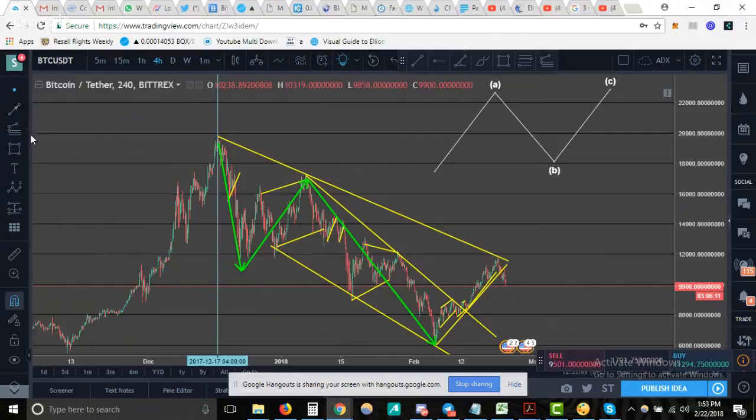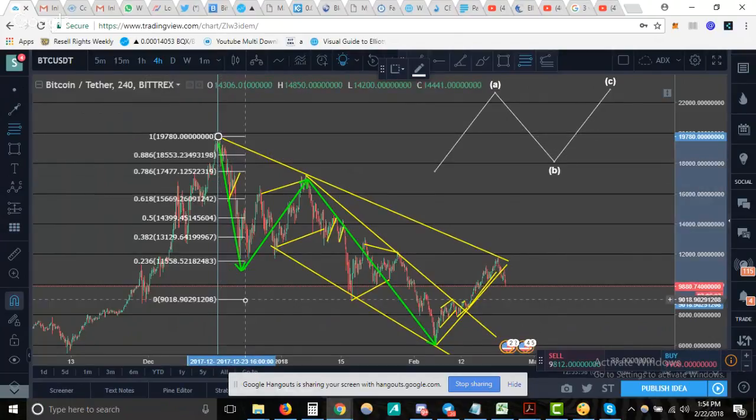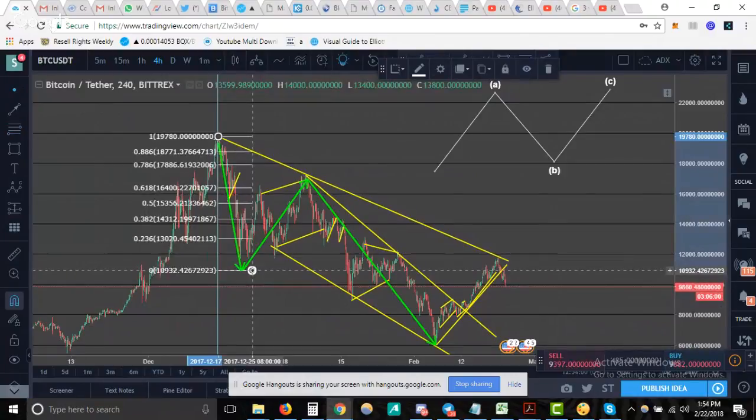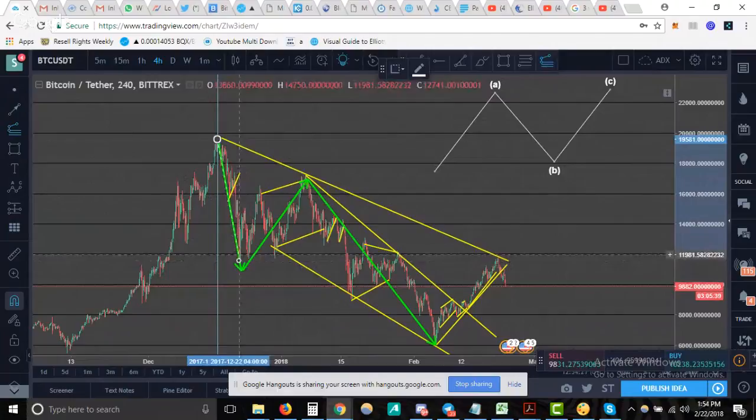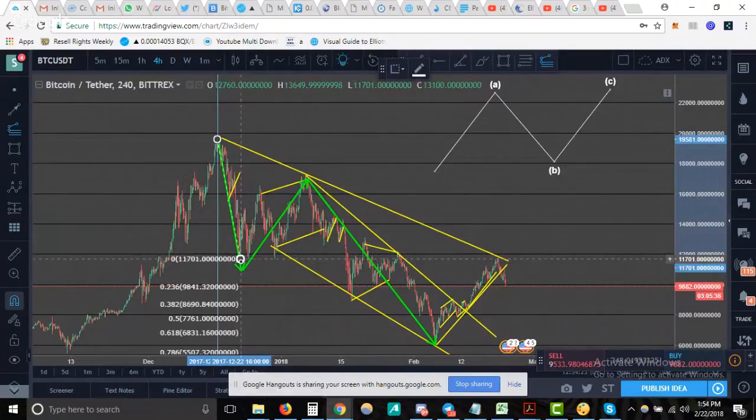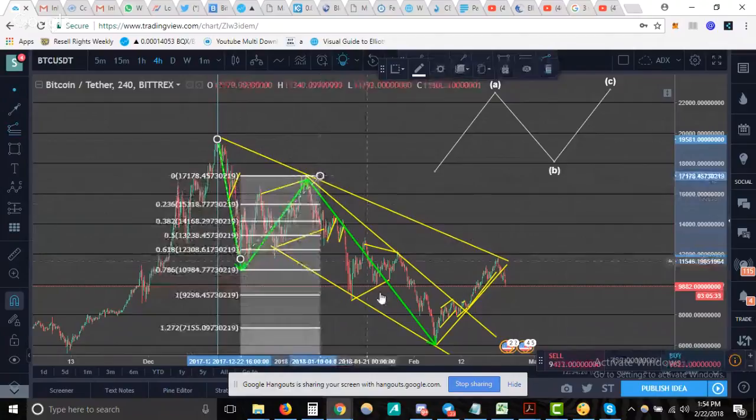Let me use the fib to measure it. You can see this one falls between 0.61, that is a Fibonacci level, so this is a zigzag pattern. Let me do the extension to measure it.